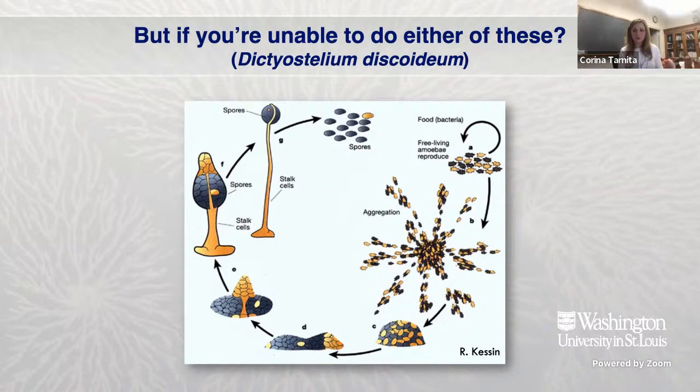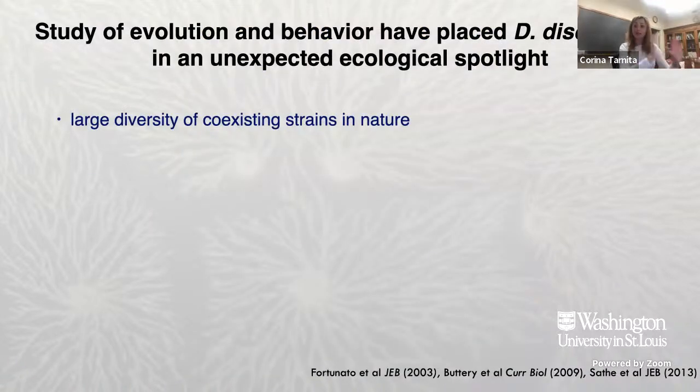And I have to thank Joan Strassman for that, because I was at a workshop, I think at KITP, and she gave a talk and started to tell the story of this whole system. I had known about Dictyostelium discoideum, but what I didn't know is that it was doing this.